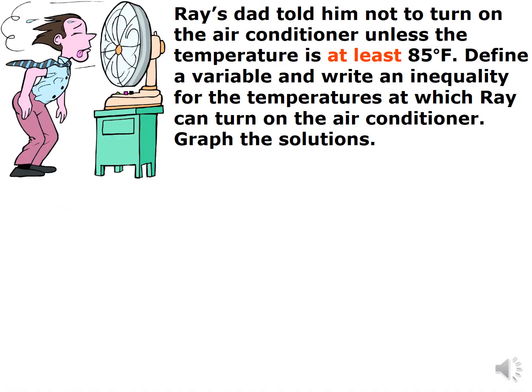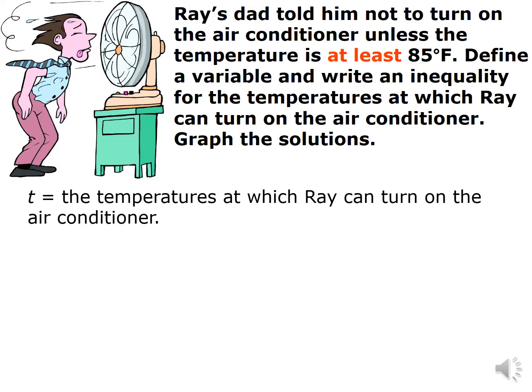Okay, Ray's dad told him not to turn on the air conditioner unless the temperature was at least 85 degrees. So you're going to define a variable and write an inequality for the temperature at which Ray can turn on the air conditioner. They gave you T as the temperature. Now you have to decide, is T going to be greater than or less than? Well, it's at least 85.